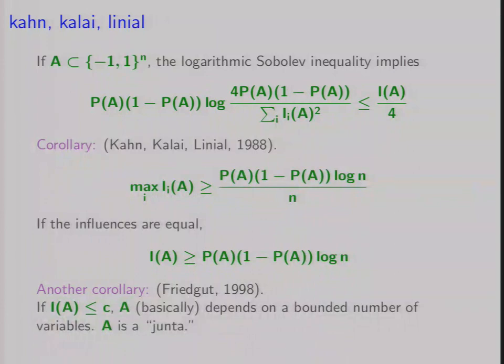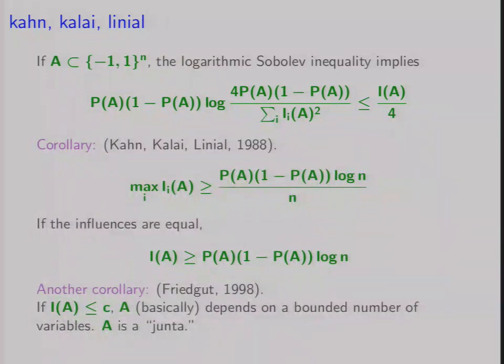Then what we have here is a constant. This is 1/4. And here we have log n over n. So what this inequality tells you is that no matter what the set is, there's always a variable whose influence is at least log n over n.